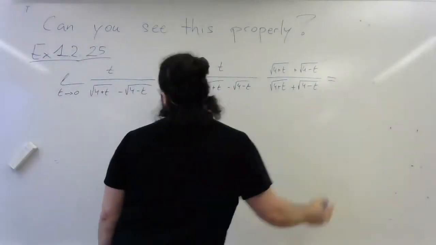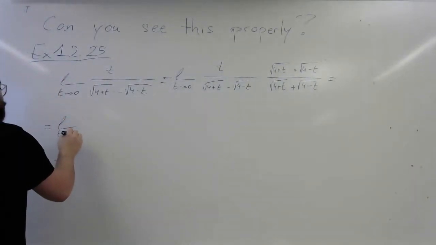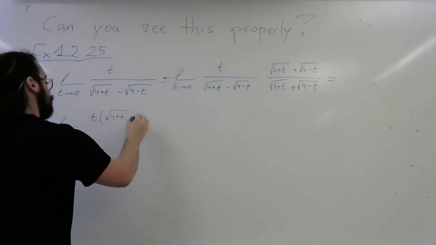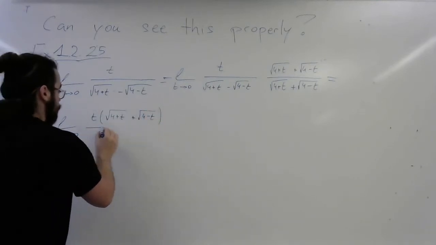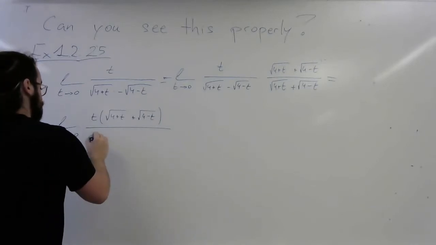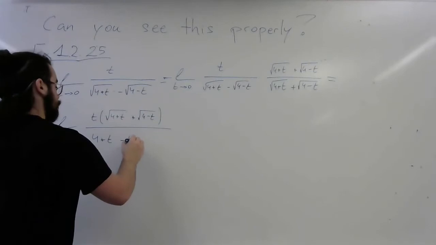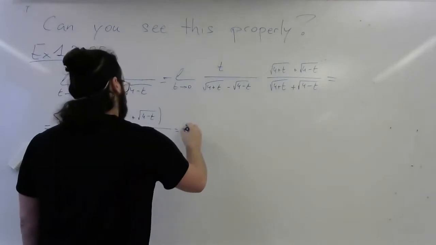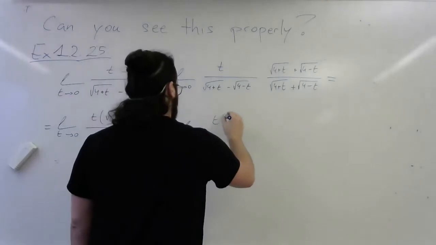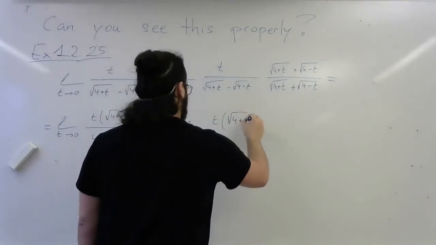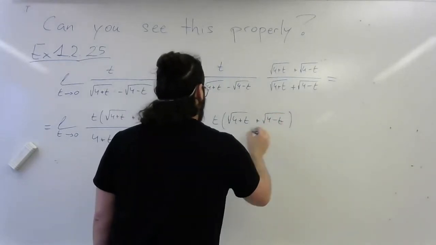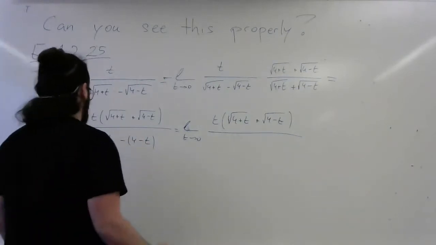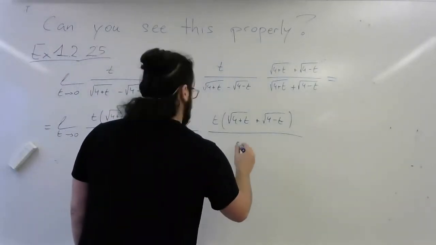And this is equal to the limit when t goes to 0 and what we have here is 4 plus t minus 4 minus t over, minus minus plus, this 4 goes away, and what we have here is 2t.